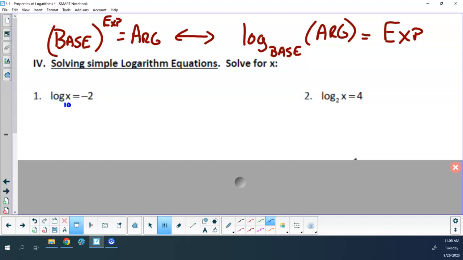So 10 is my base. -2 is my power. X is my argument. It's what I'm looking for. 10 to the -2 power is 1 over 100. And that is how we solve those.